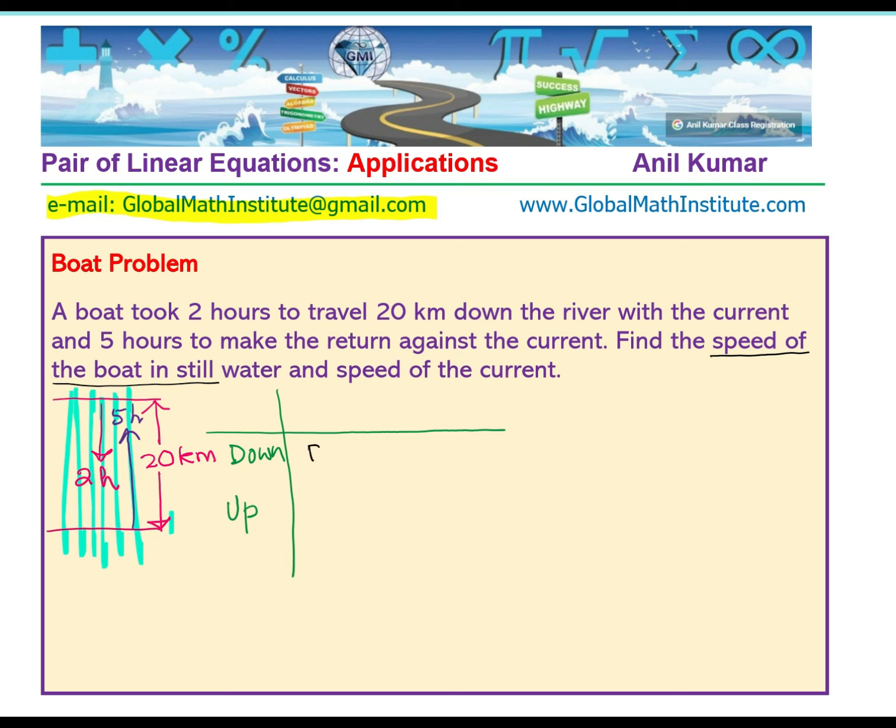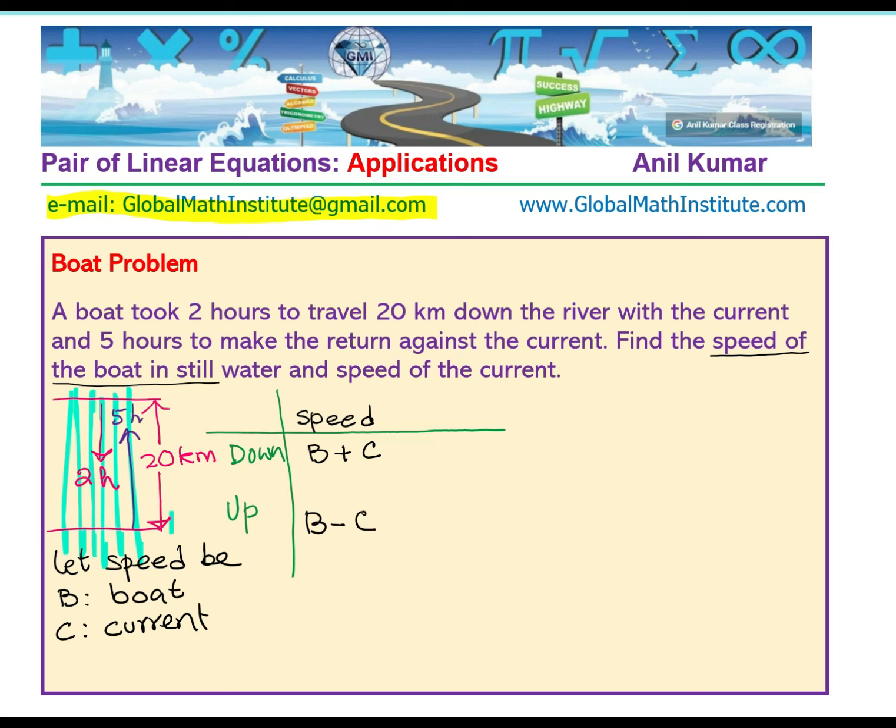So downstream speed will add up, b plus c. When you go downstream, both add up. Upstream, boat speed minus current.